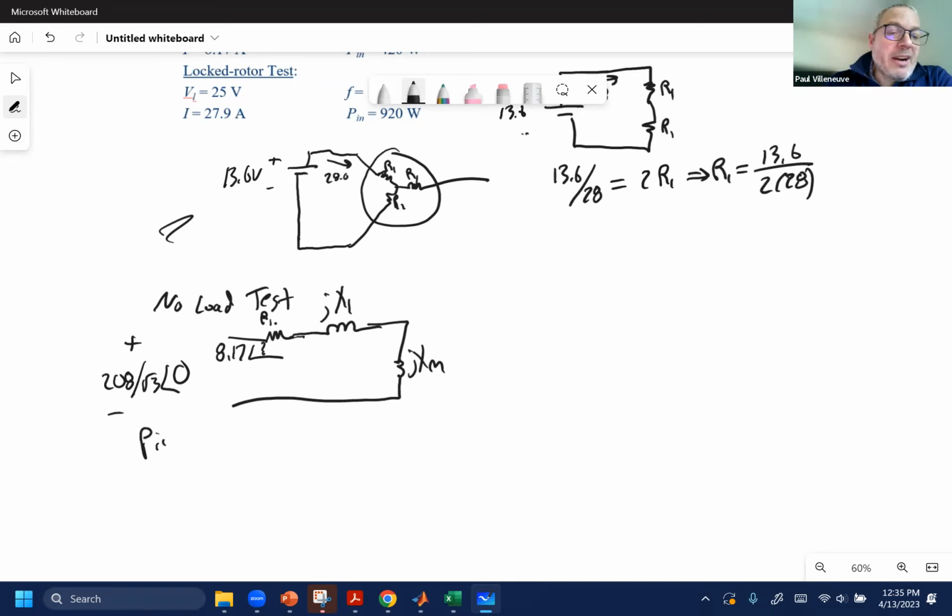My input power, I do have that, is going to be equal to 420 watts. Now I can go ahead and do a power triangle to get the angle of current, because the angle between P and S is the same angle between the voltage and the current. My power triangle is going to be a lagging power factor. So this is 420.